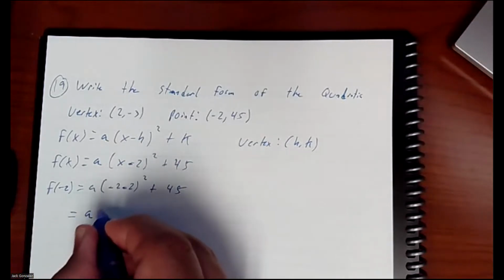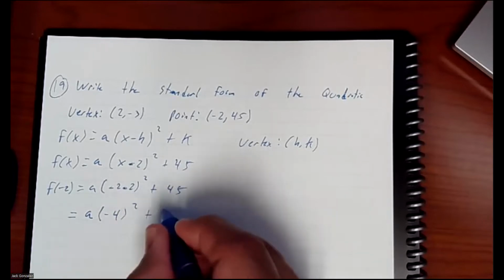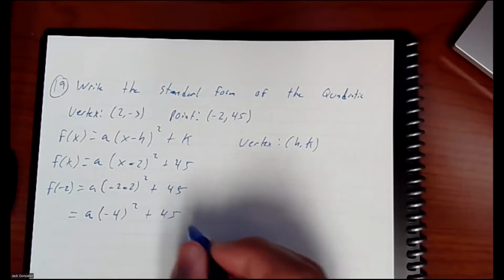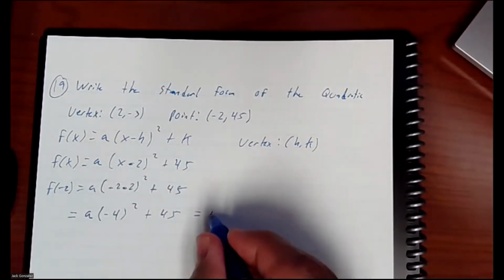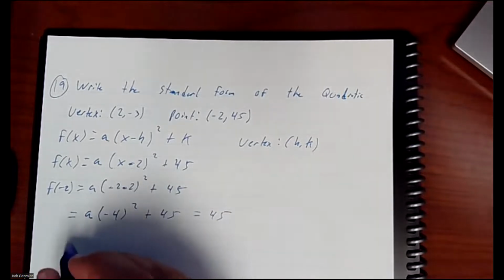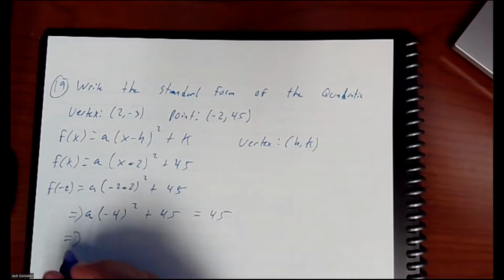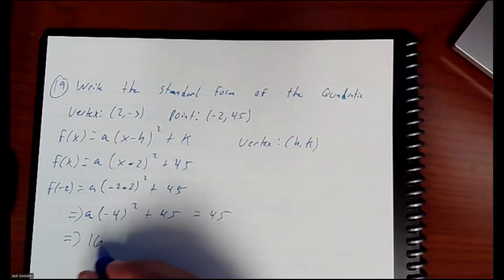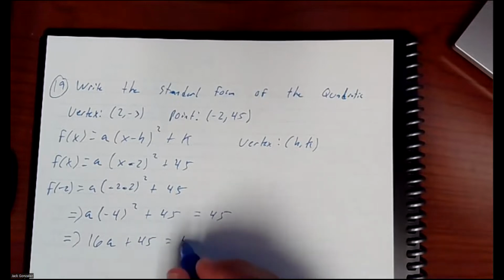This will become a times -4 squared plus 45 equal to 45. So we have 16a plus 45 equal to 45.